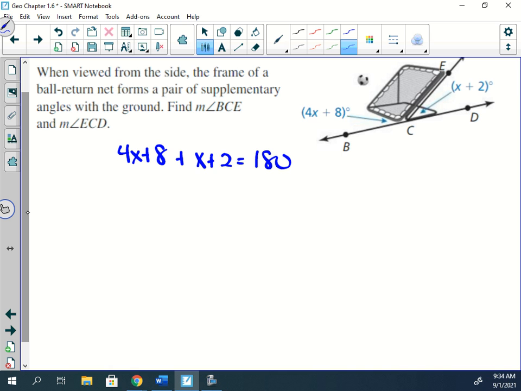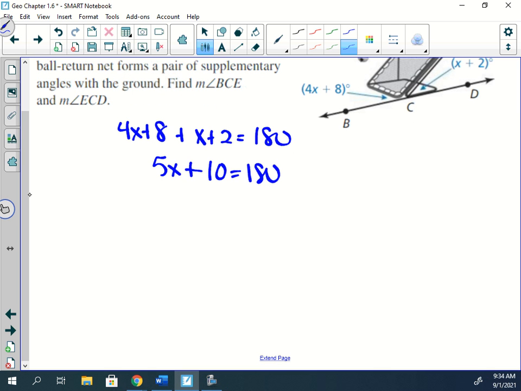We're setting this up to find the value of x, because once we find x, we can plug it back in to find each individual angle. What can we do first? Combine like terms. 4x and x is, 8 and 2 is. What can we do next? We can minus 10.